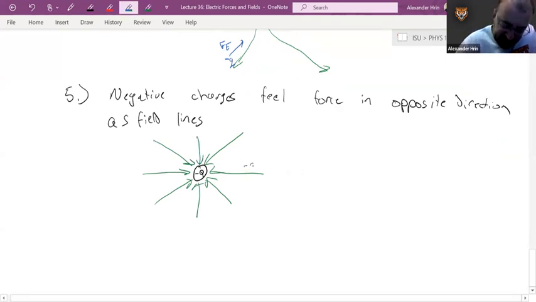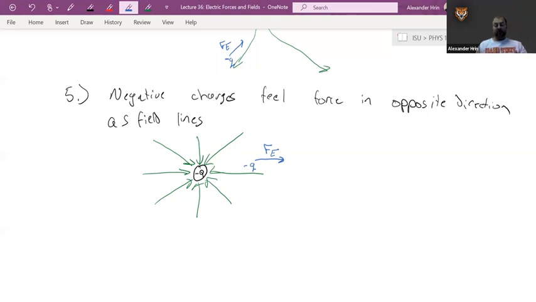Now, if I have a negative Q right there, well, we know this negative Q is going to feel a force. It's going to be repelled from the other negative charge. So it's going to feel a force in the opposite direction. Okay. So again, we can see that it's going in the opposite direction as the field line. All right. So that's what's going on with electric fields and electric field lines.